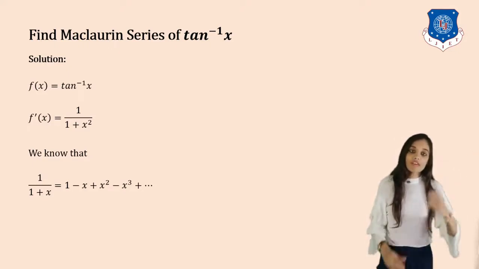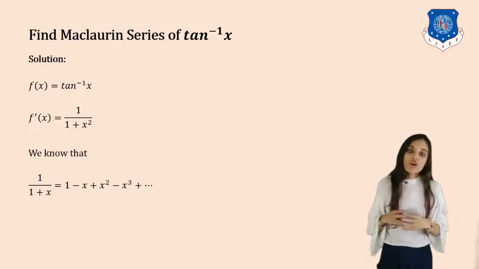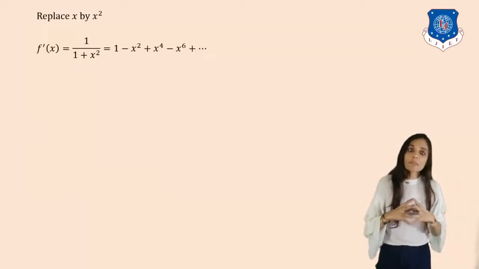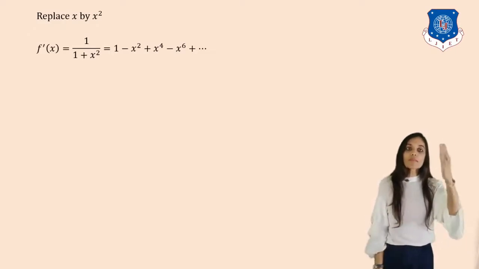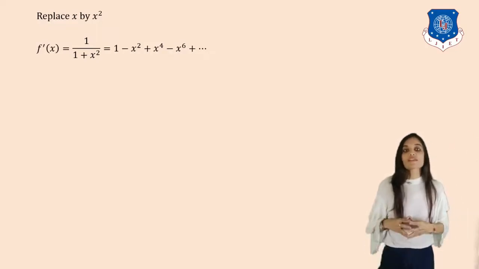Now we'll compare 1 upon 1 plus x square and 1 upon 1 plus x. On comparing, x will be replaced by x square. So on replacing x by x square, you will get f dash of x equal to 1 minus x square plus x raised to 4 minus x raised to 6 and so on.